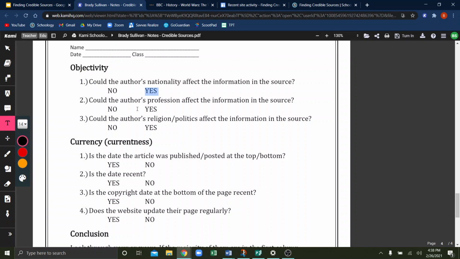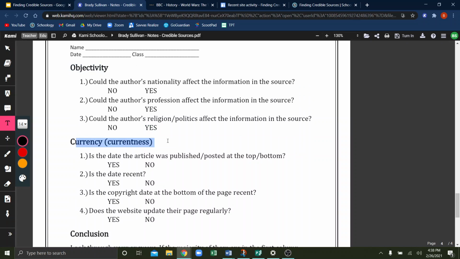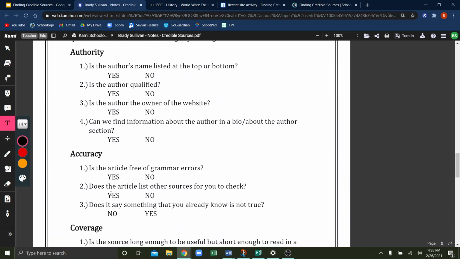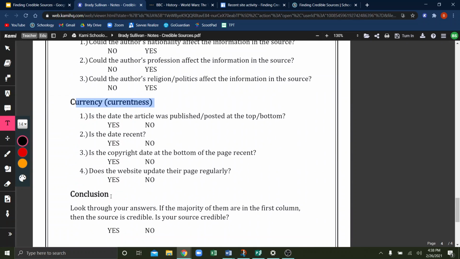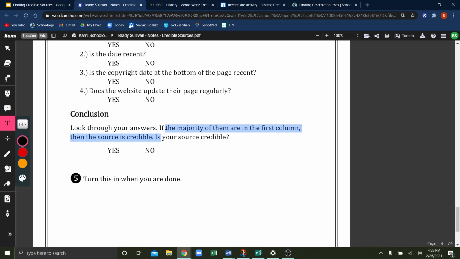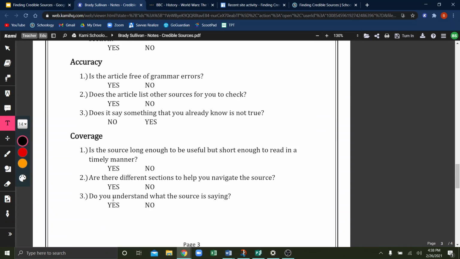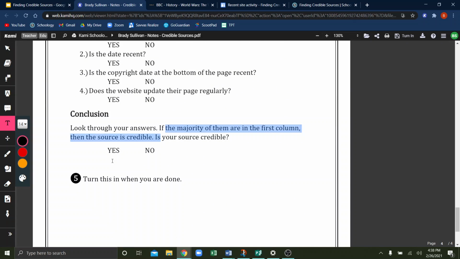We have yes, no, yes. Until we get to objectivity and currentness, everything is in this first column, almost. Now, when we draw our conclusion, if you can answer all of these questions in this first column, then it's a perfect source.